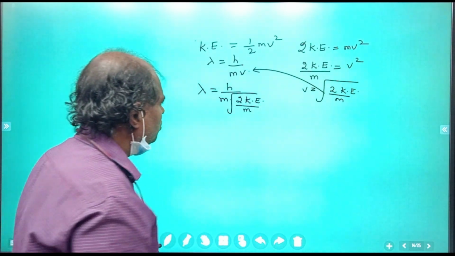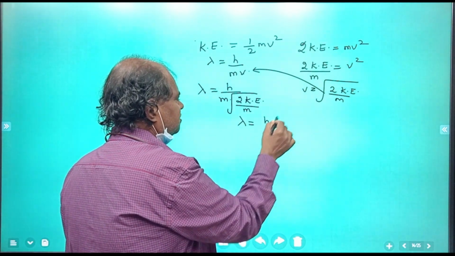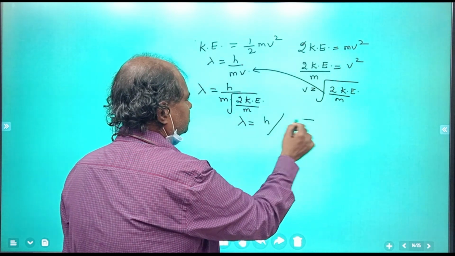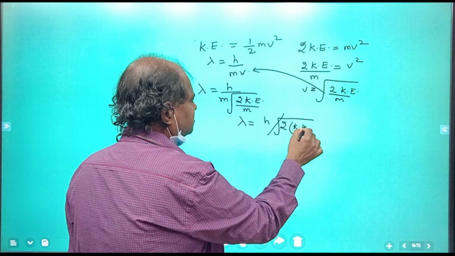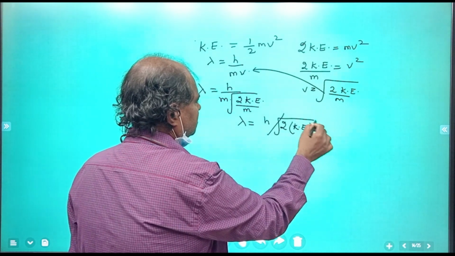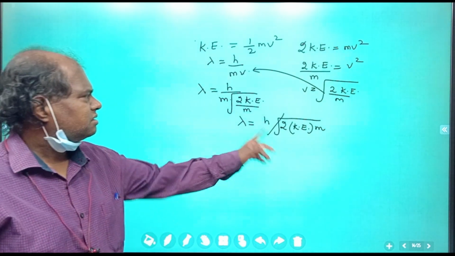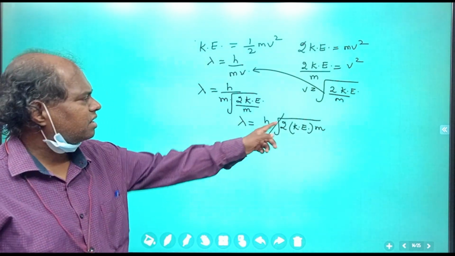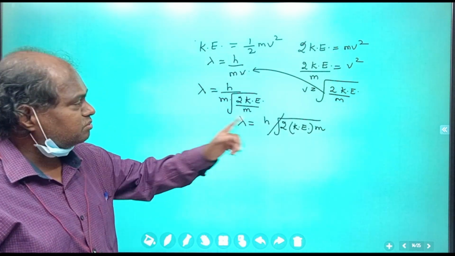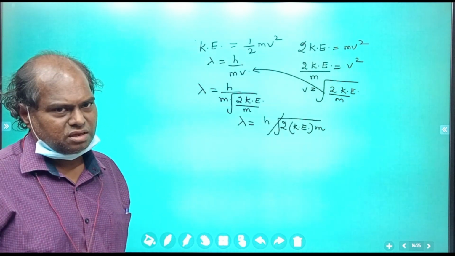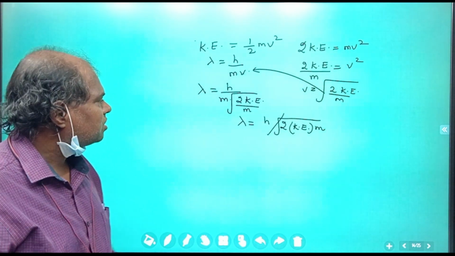Now if you take the root m inside, you will get lambda is equal to h by root of 2 times m times kinetic energy. This will be the formula for lambda in terms of kinetic energy. Sometimes in an exam they'll give you kinetic energy, so you have to find this.